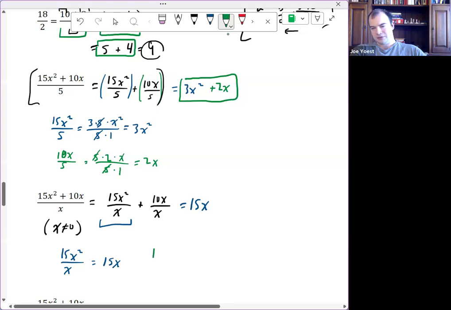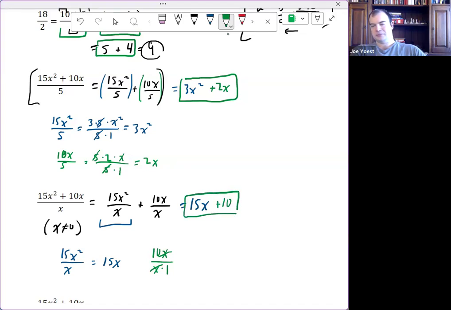And then I think of 10x over x. If I wanted to, I could make this denominator like x times 1 and just divide out my factors of x. So I get 10 over 1, or just plus 10. Just having an x in the denominator instead of a 5, my procedure, my pattern didn't really change at all. My answer changed a little bit, but the pattern and the way to get there was really exactly the same.